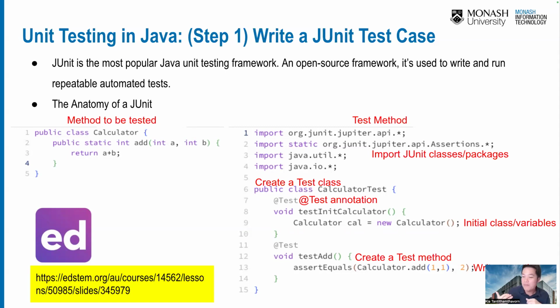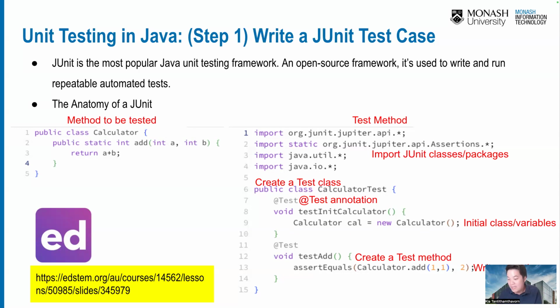Now, next, we want to write the test case. We want to test whether the addition method here is actually functionally correct or not. So we write another test method, @Test again, and then void testAdd, brackets whatsoever. And then we write the assert statement, assertEquals. As you remember, for assertEquals, the first input parameter is the expected output.